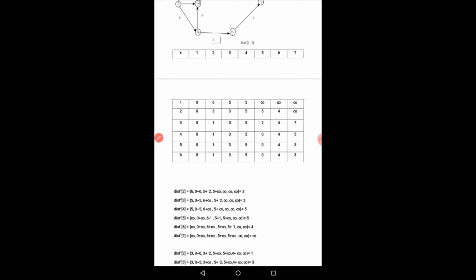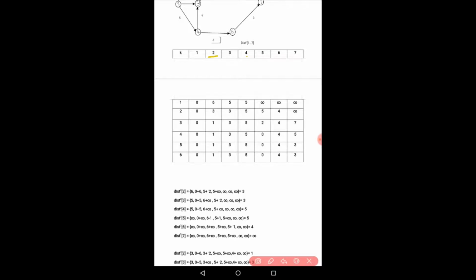So 5 plus minus 2. So now this I have taken from 3. Now current vertex is 2, taken from 3. Now I had to take the distance from 4 to our current vertex.